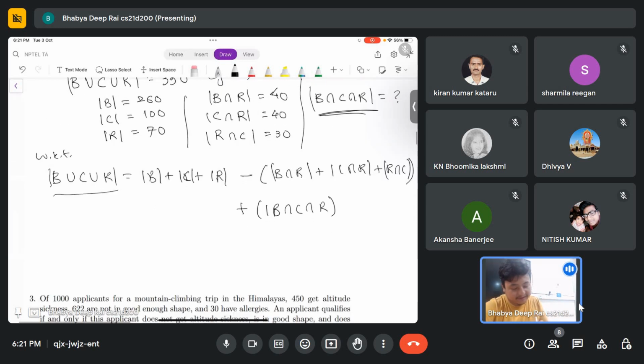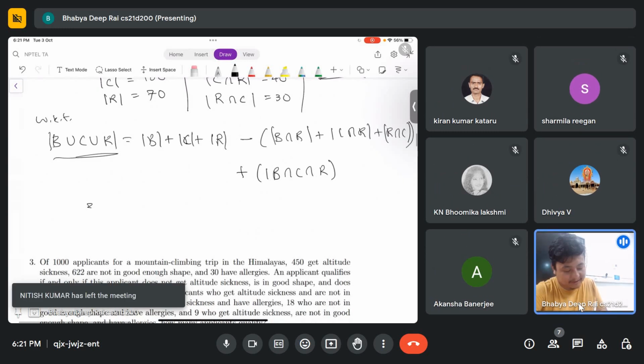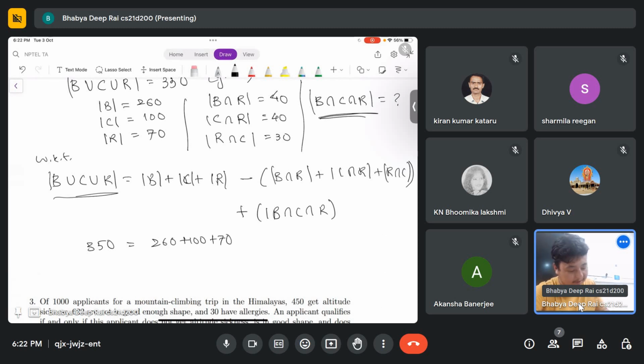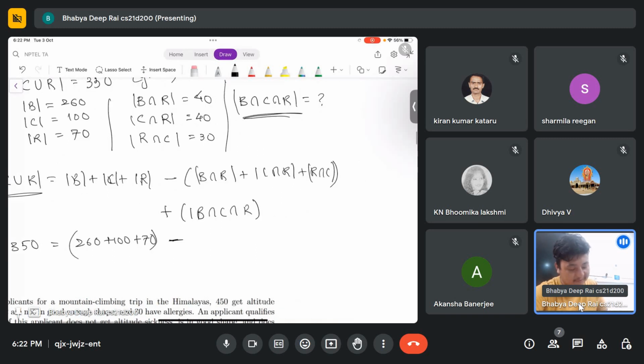Now on the left hand side, B union C union R is nothing but 350, and B plus C plus R is 260 plus 100 plus 70. And here what do we have? 40 plus 40 plus 30.